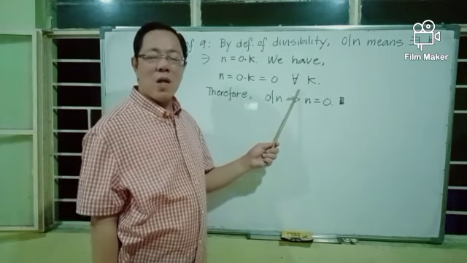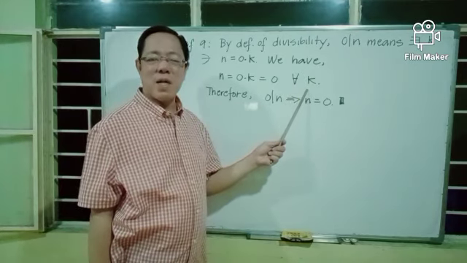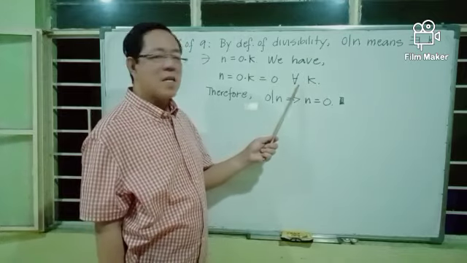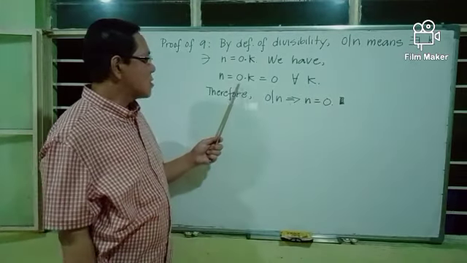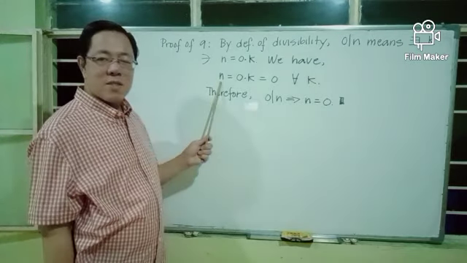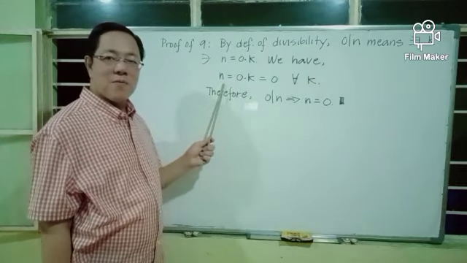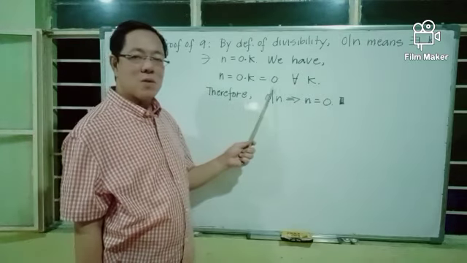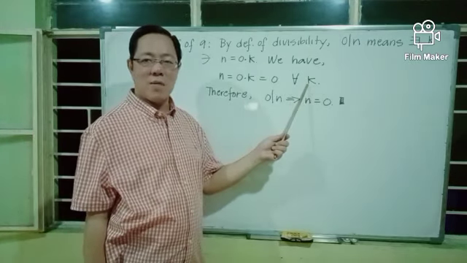For every integer k, 0 times k will be 0. But 0 times k is equal to the value of n. So n is equal to 0 for every integer k.